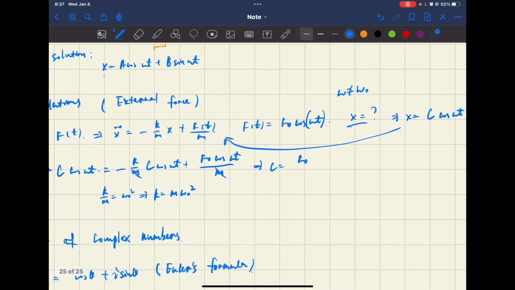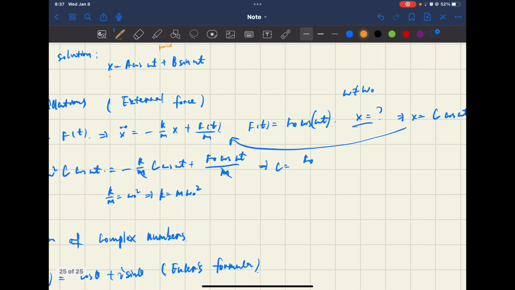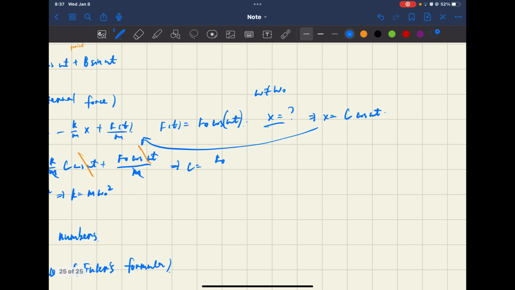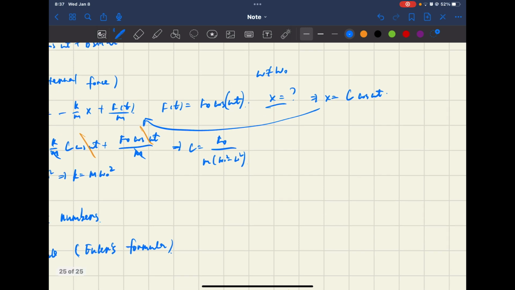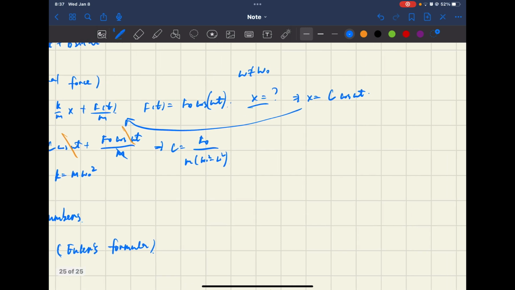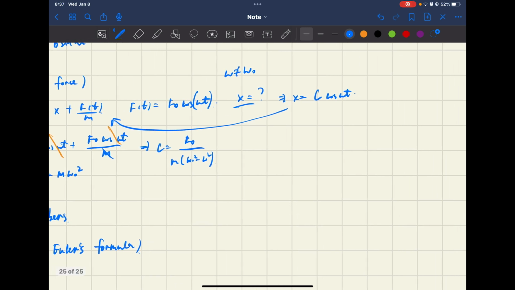We can cancel out the cosine omega t terms. So c is then equal to F0 over m times omega 0 squared minus omega squared. Then we have successfully solved for the constant, and we get the eventual solution for the equation.